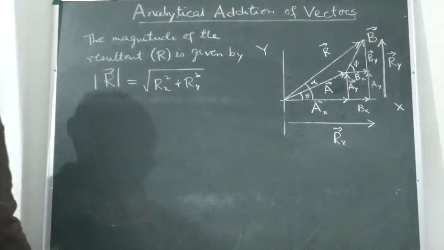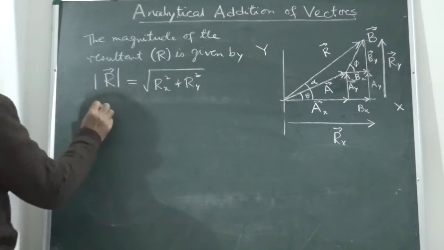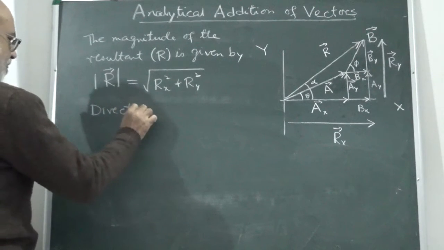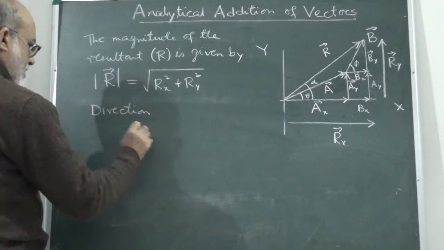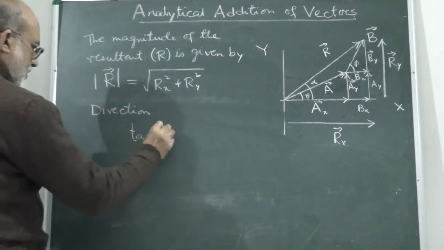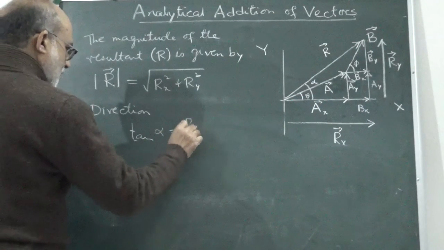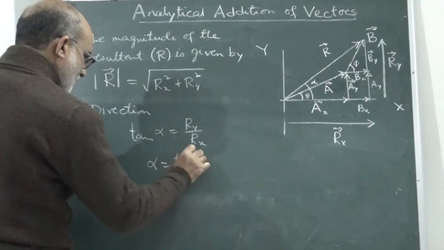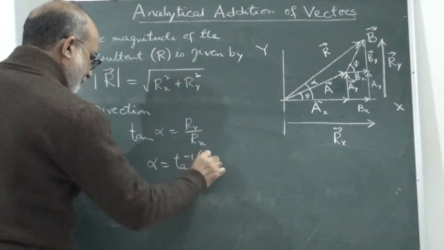the direction of the resultant with x-axis, and the direction is given by tan alpha, or say alpha is equal to tan inverse Ry by Rx.